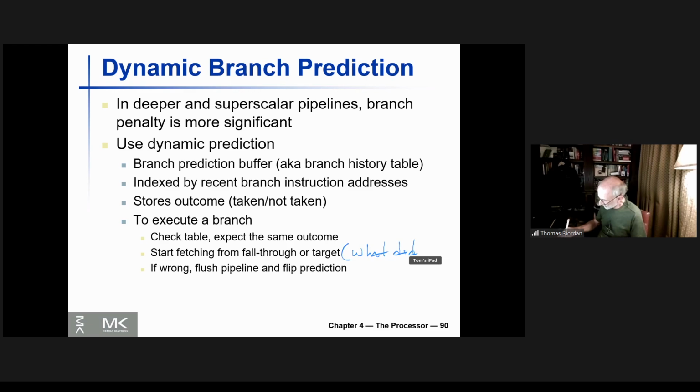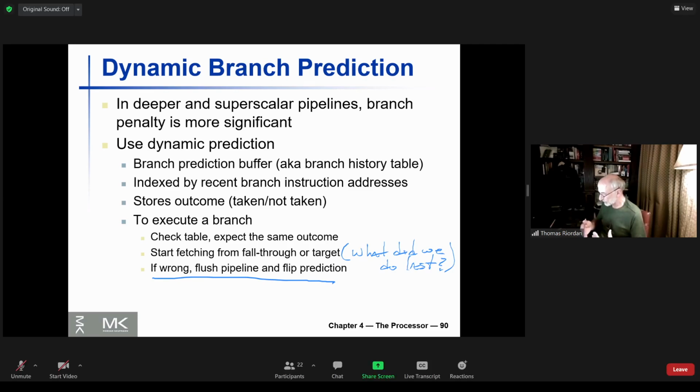What did we do last? And then again, you update. If you're wrong, when you finally get to where you know whether you were supposed to have branched or not, and that's a key point here, all this branch prediction is being done up front before you actually do the branch comparison and figure out whether you want to really take the branch or not.